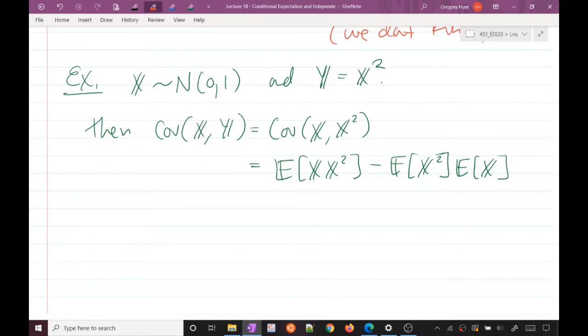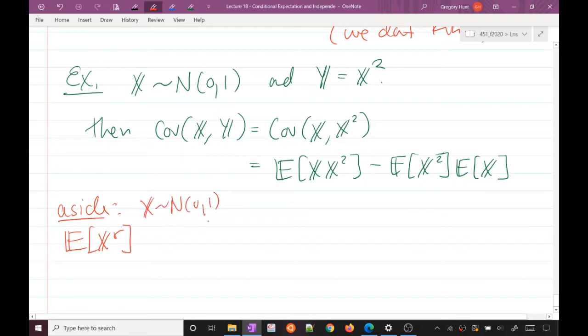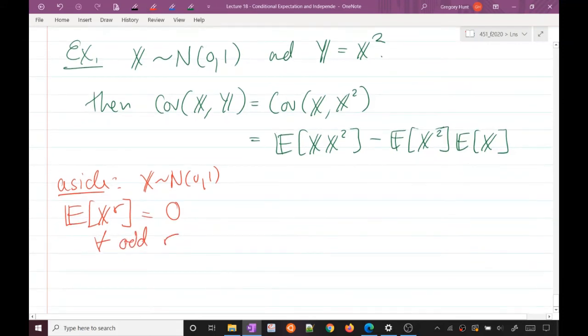Now, as an aside, if x has a normal 0, 1 distribution, then the rth moment of x is 0 for all odd numbers r. So expected value of x is 0, expected value of x cubed is 0, expected value of x to the fifth is 0.